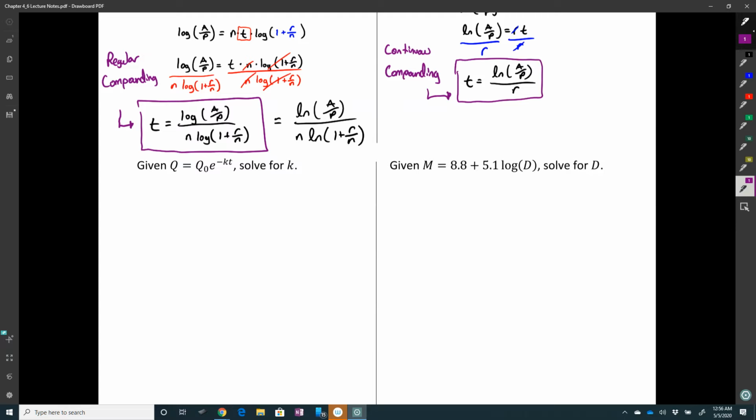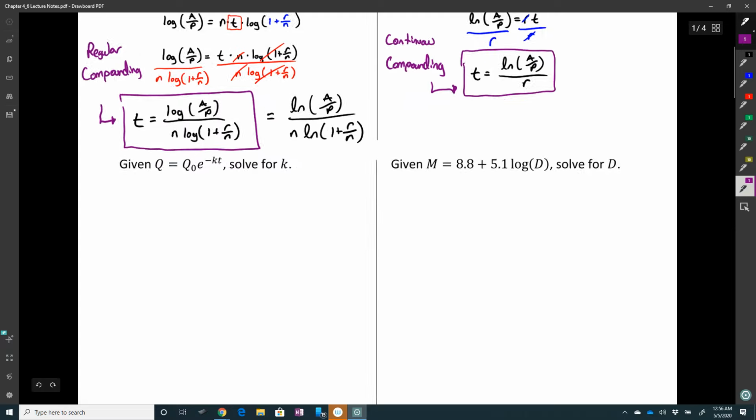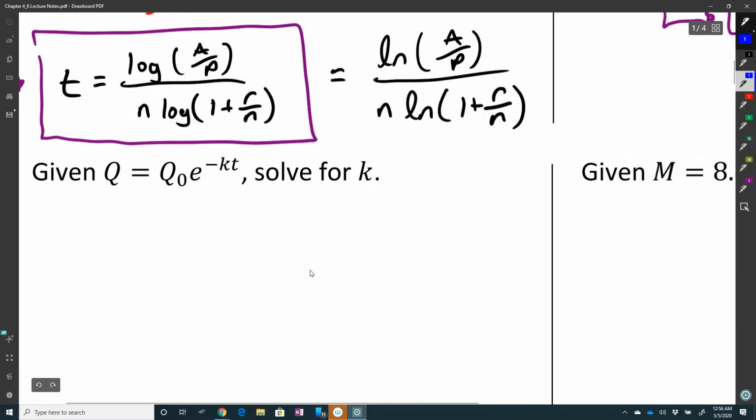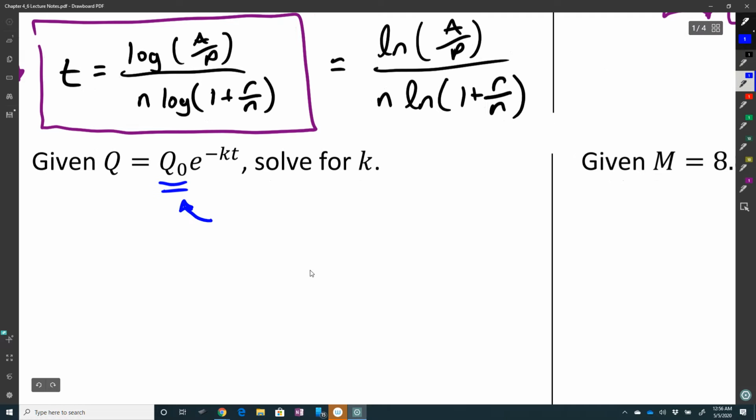So the next one says, given Q equals... now this is our first time seeing this guy, maybe not the first time, but this Q sub 0 usually means Q at time t equals 0.